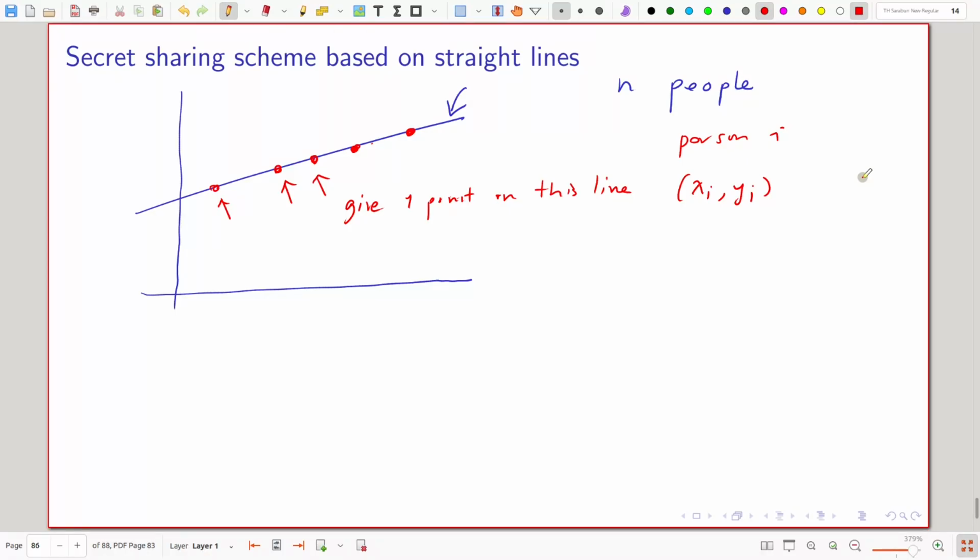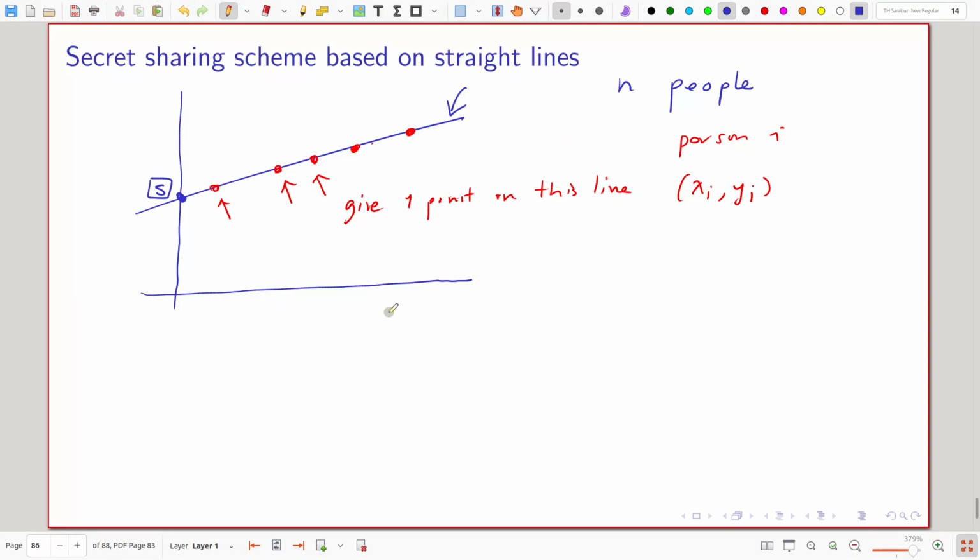So how do I get this line? I would let the line S be my secret. I would let the line cut through the y-axis at S. And then I would pick another point randomly.